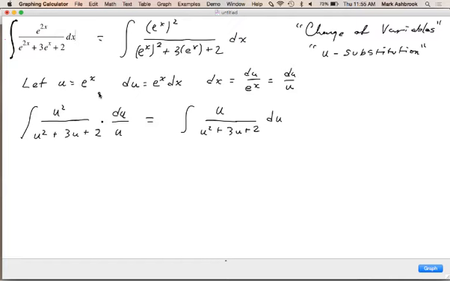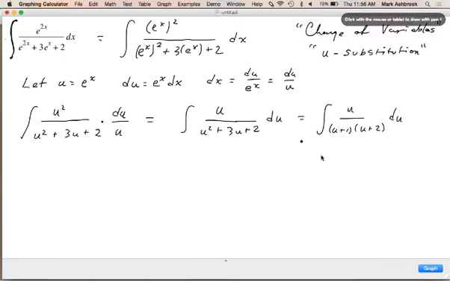How are we going to do this one then? u over u squared plus 3u plus 2. Okay, so these are all u's, by the way, no a's. So the denominator factors, and we can use what technique?